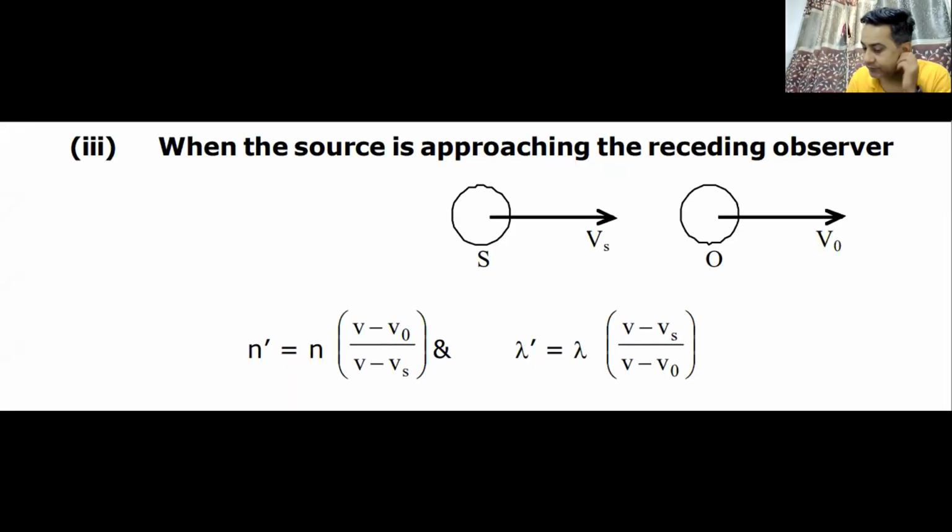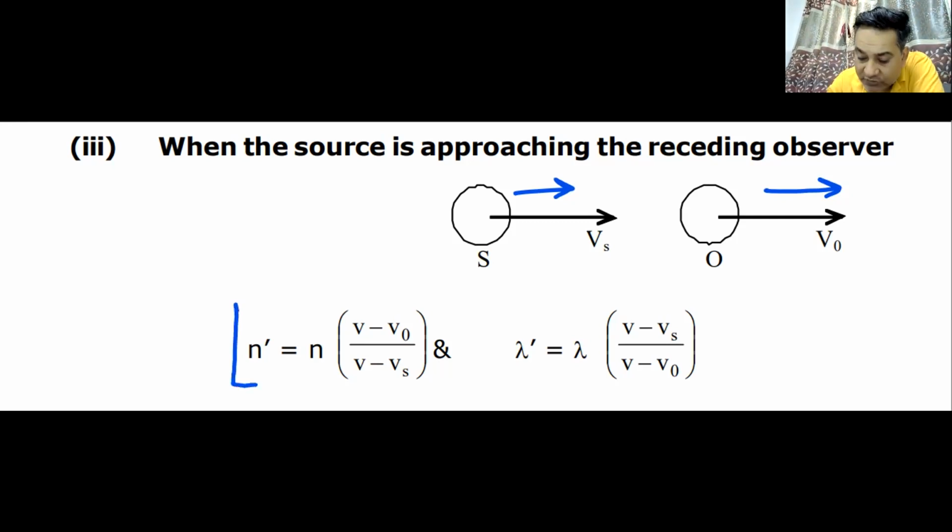We move on to the third case, and in the third case, what is happening? The source is approaching and the observer is moving away. Do we see this? So this will be the case. Case number one, source is approaching. Case number four, observer is moving away.